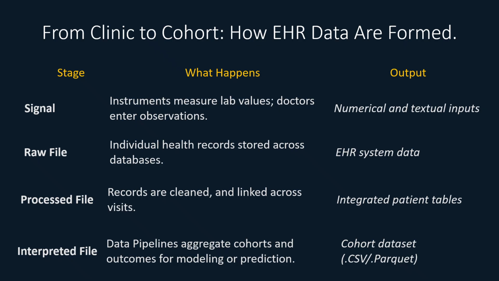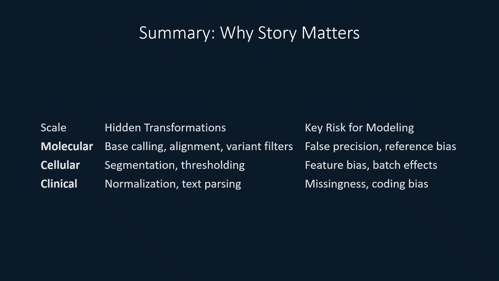All right, now let's see why the data story matters. This table is the summary for the entire lecture. At every biological scale, data looks clean by the time it reaches a model, but each step hides irreversible transformations. At the molecular level, base calling, alignment, and variant filtering can introduce reference bias and false confidence.